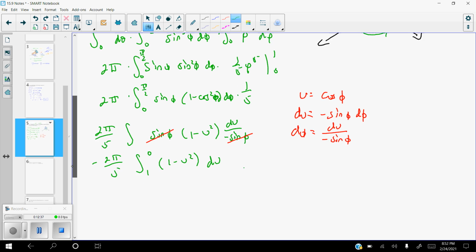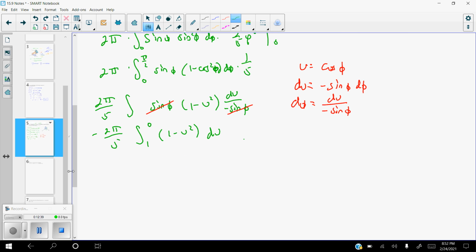And if you don't like the fact that the bounds are flipped, you can use the negative from the front and get rid of it by negating. So really what we have is 2 pi fifths integral from 0 to 1 of 1 minus u squared du, properties of integration. So let's go ahead and finish this off.